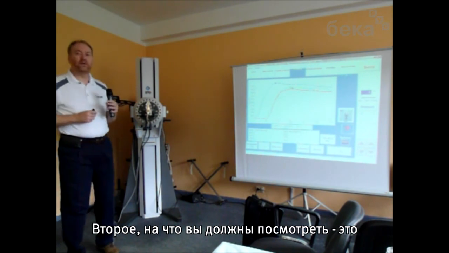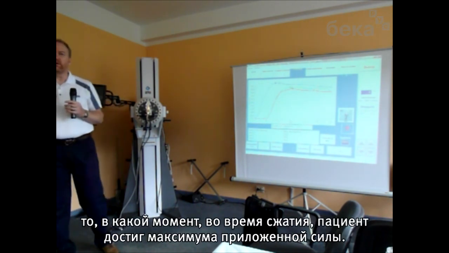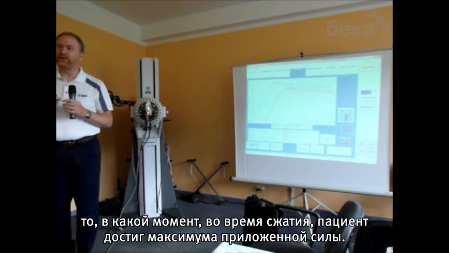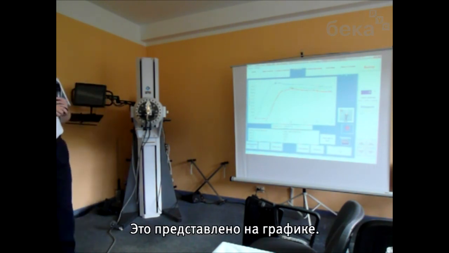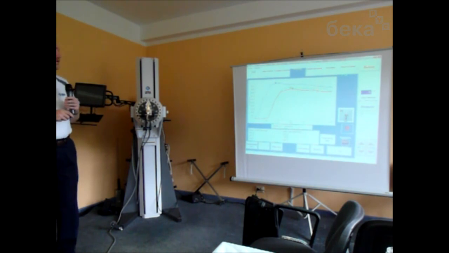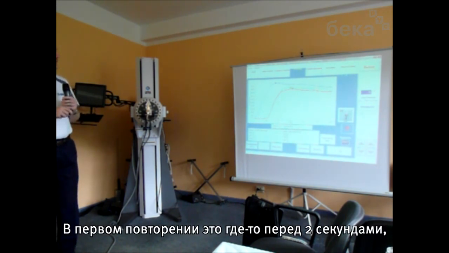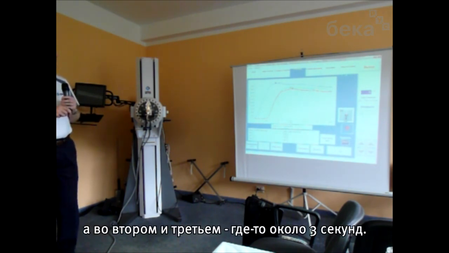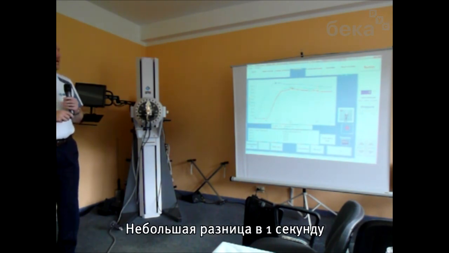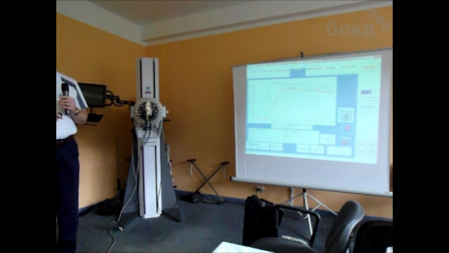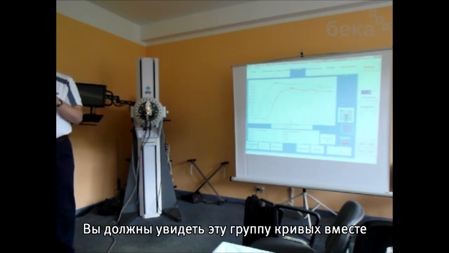The second thing you look for is at what point during their contraction did they reach their maximum strength value. That's represented by the X on the graph. So on trial 1, it was at a little before 2 seconds, and on trials 3 and 4, it was closer to 3 seconds. They're about 1 second apart. So normally you want to see those grouped together.